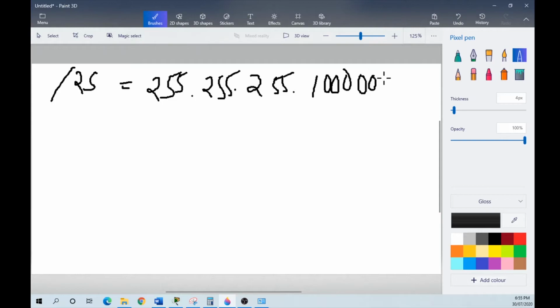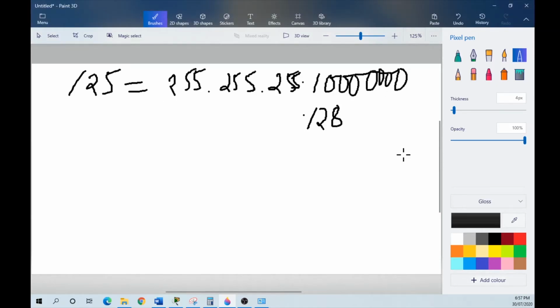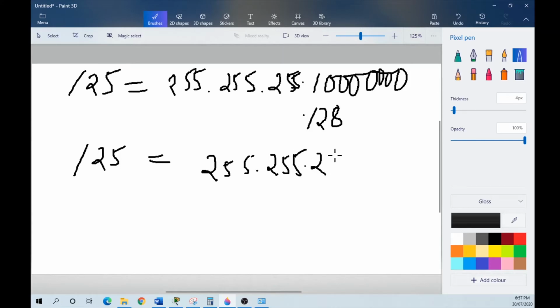So if we have the leftmost bit 1 and all other bits at 0, this value would be 128, which is 2 to the power 7. So /25, represented in decimal format, gives the subnet mask 255.255.255.128.